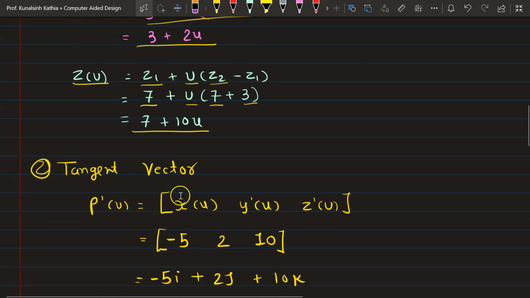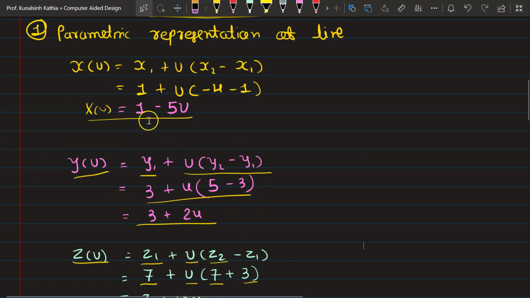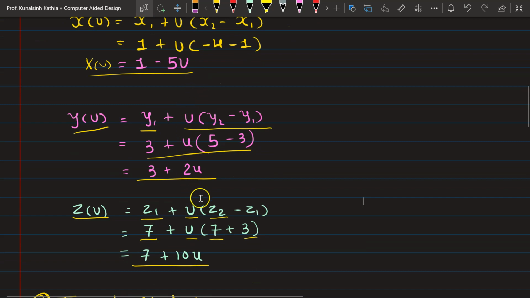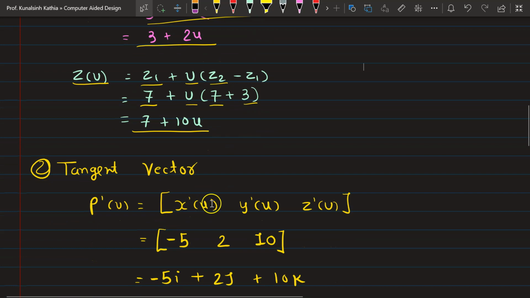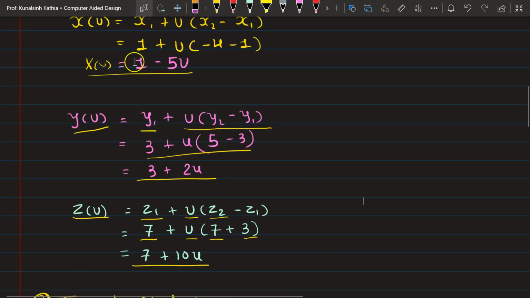Now you know that the tangent vector is the differentiation of the parametric equation with respect to u. So here we found all the parametric equations x, y and z. I will differentiate these equations with respect to u, and whatever answer I get will be the tangent vector. So x dash u, the equation of x(u) is 1 minus 5u.